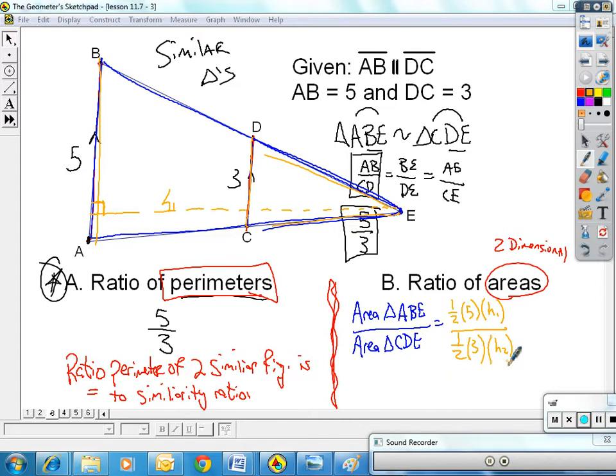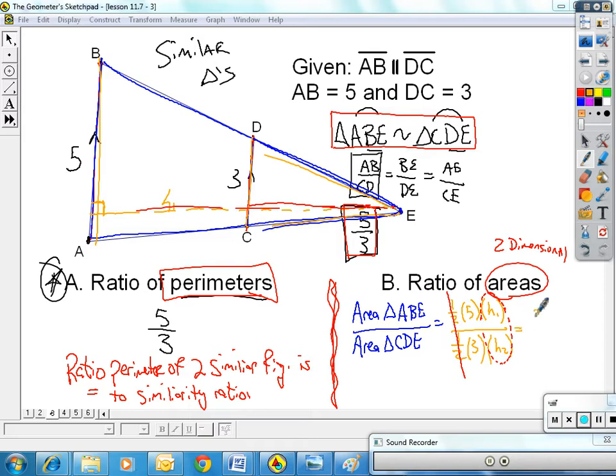Okay. All right, now let's consider this. My 1/2s are going to cancel. And what is the ratio of H1 to H2? If these are similar and the ratio of similarity is 5:3, what is the ratio of height 1 to height 2? That's 5/3 as well.